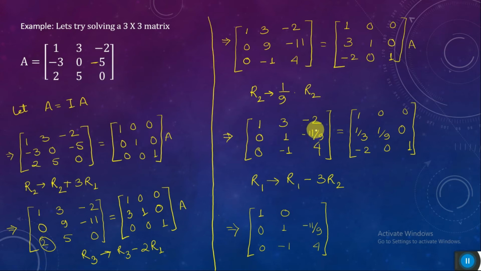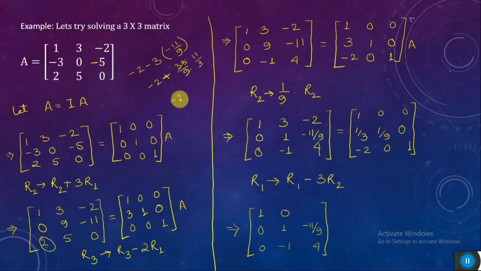Next one, row 1 is minus 2. Minus 2 minus 3 times row 2, right? So minus 3 times row 2 is how much? Minus 11 by 9. Okay, so this will be written as minus 2 plus 33 by 9. So this can be written as 11 by 3.